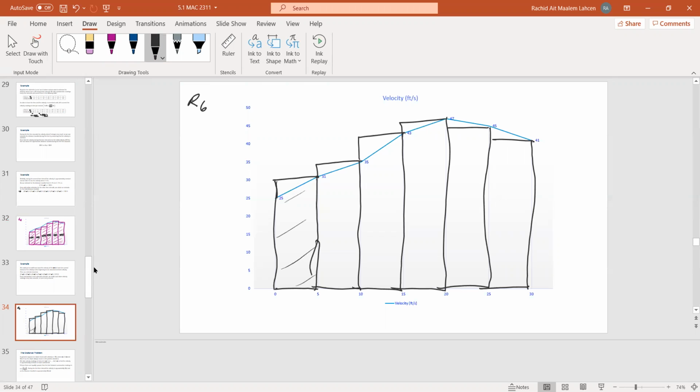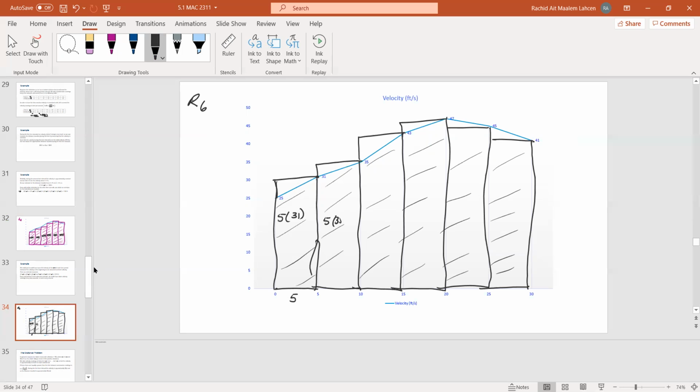So we have 1, 2, 3, 4, 5, and 6. As you see, the width did not change. It's the same 5, but here the height is 31.